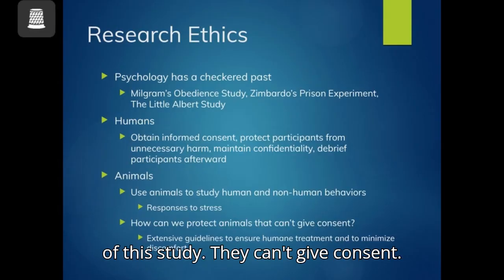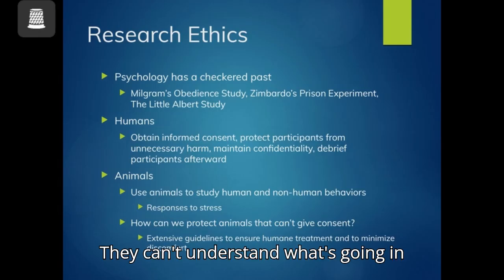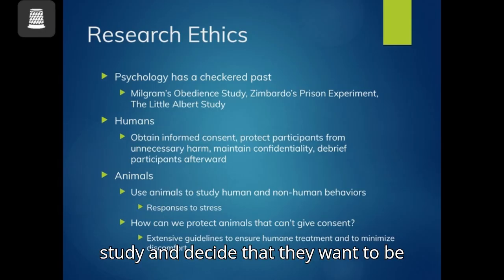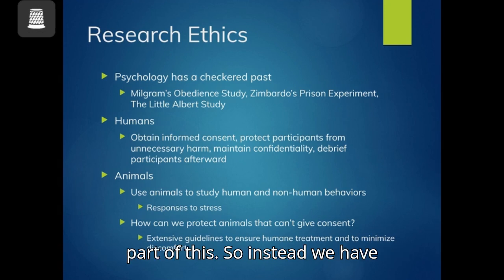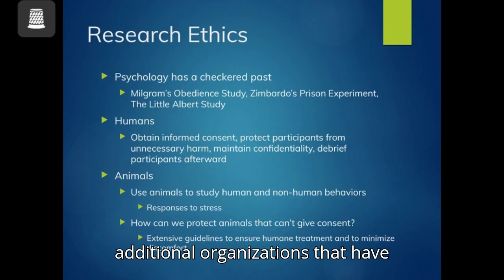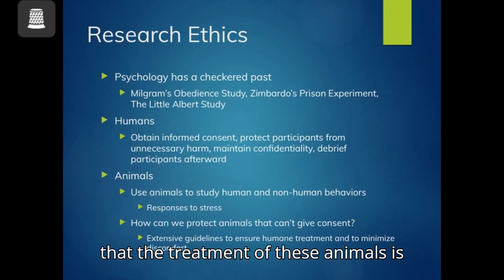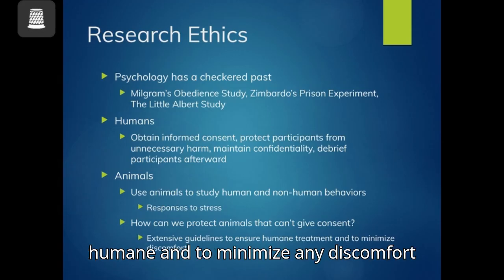They can't give consent. They can't understand what's going to happen to them in the study and decide that they want to be part of this. So instead, we have additional organizations that have very extensive guidelines to make sure that the treatment of these animals is humane and to minimize any discomfort that they're getting.